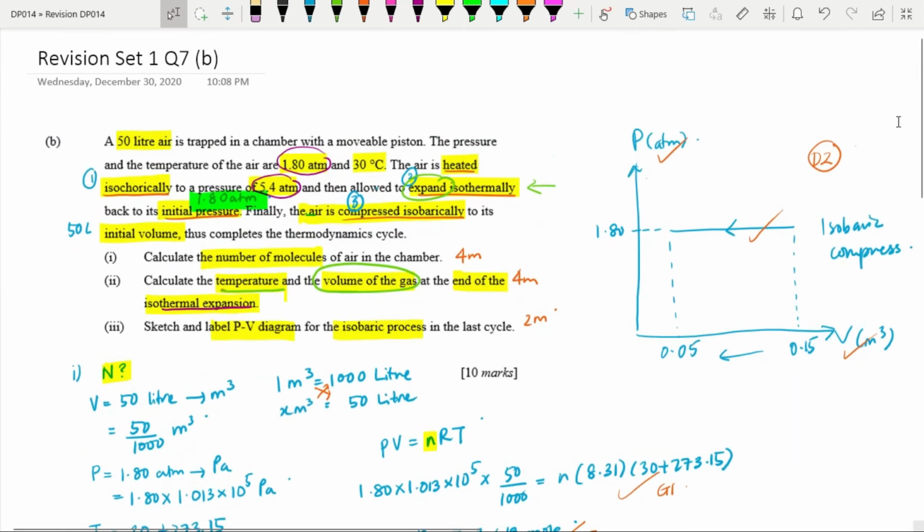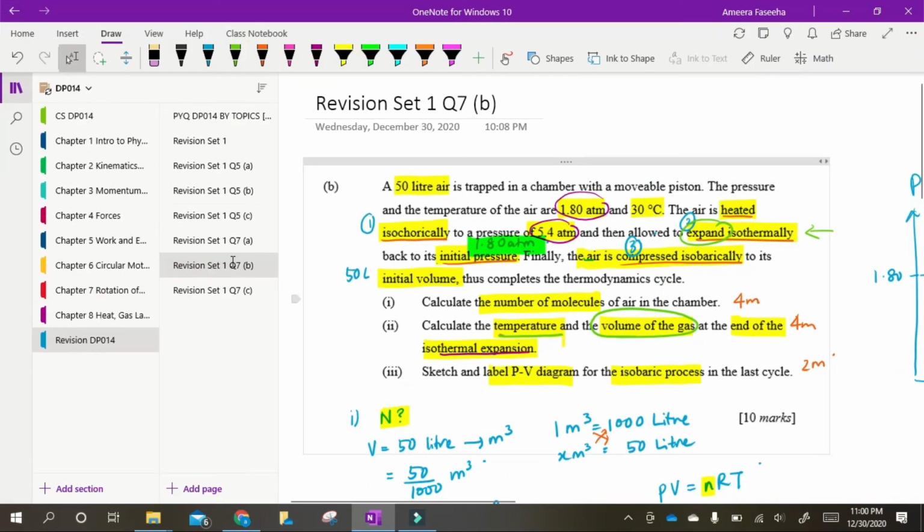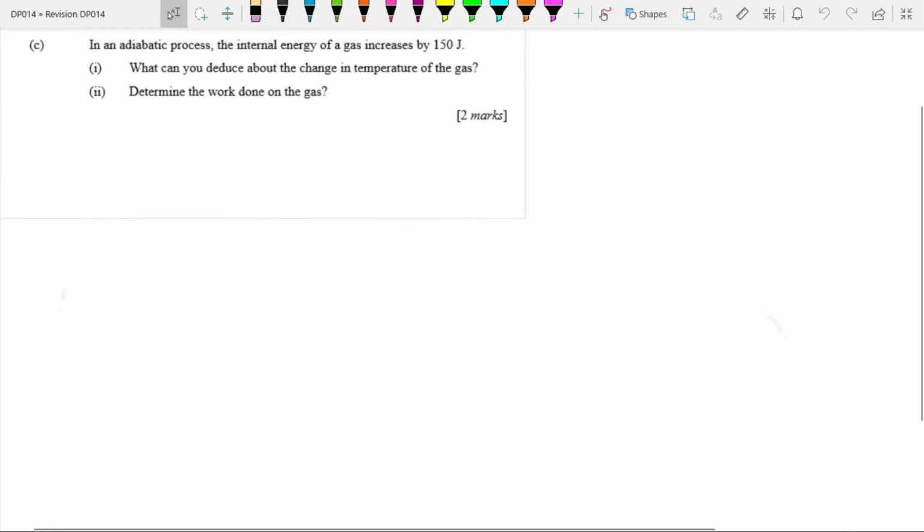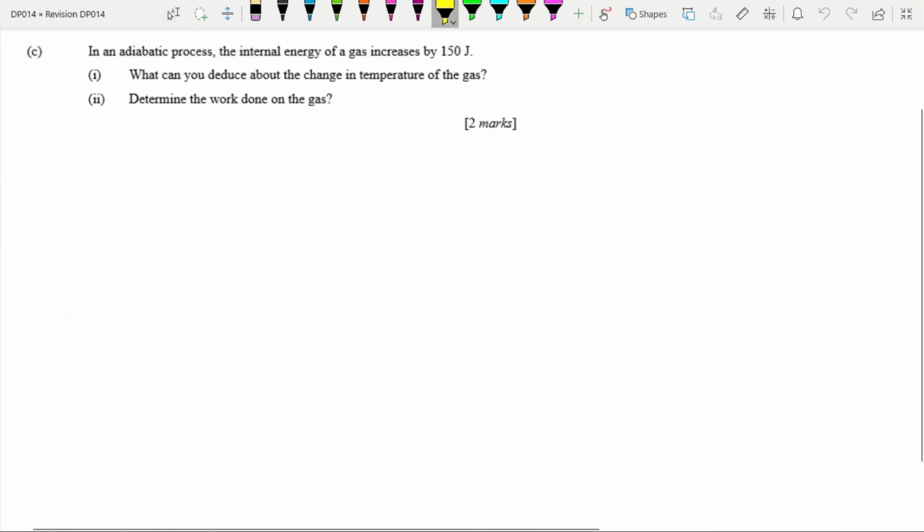Alright, so last question untuk question 7. Okay, soalan yang senang. Okay, so in an adiabatic process, the internal energy of gas is increased by 150 joule. So, adiabatic delta U is positive 150 joule.